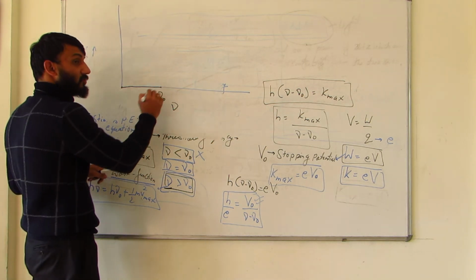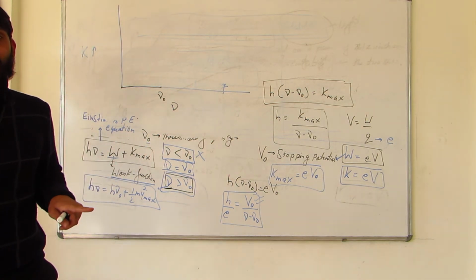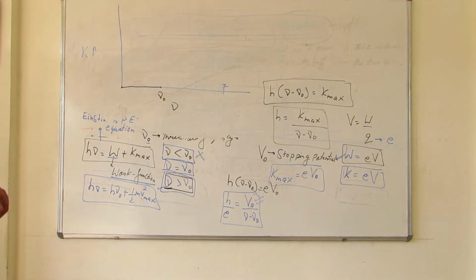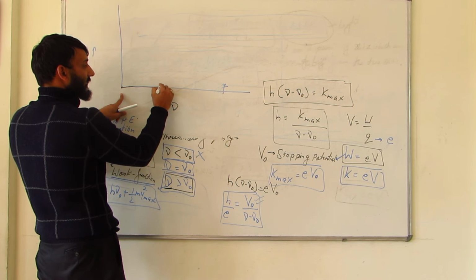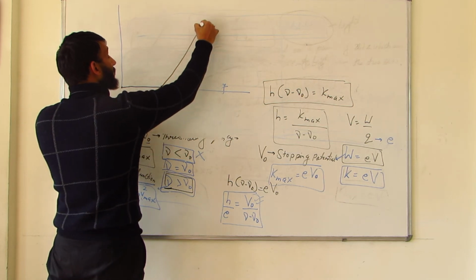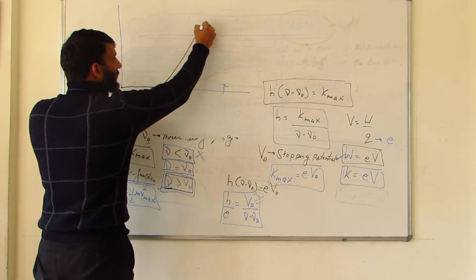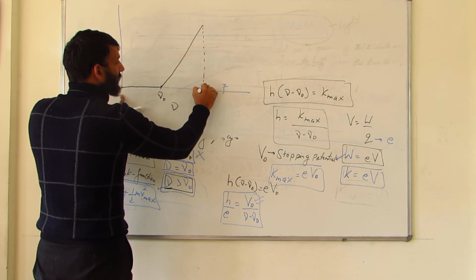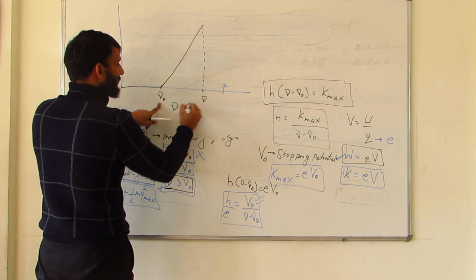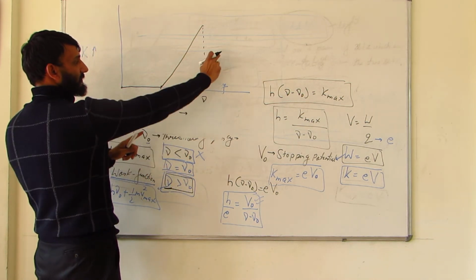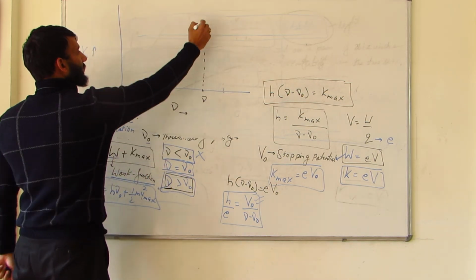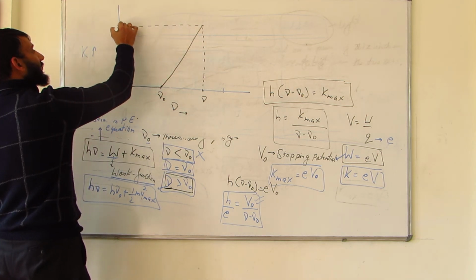Once the electron is out, the remaining part of h nu becomes the kinetic energy. The remaining frequency from here to here, this difference of frequency, will become the kinetic energy, that is the maximum kinetic energy.